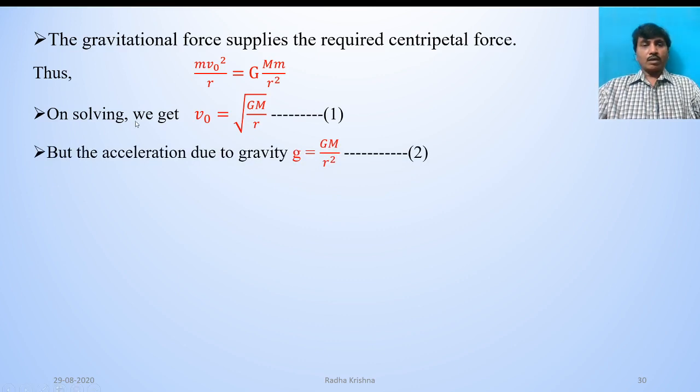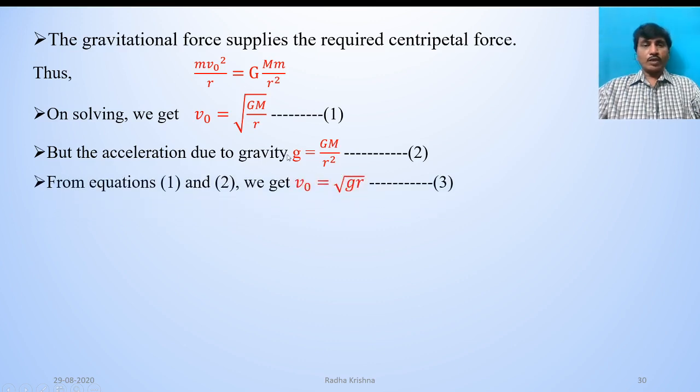But the acceleration due to gravity g in terms of capital M and capital G is given by small g is equal to GM by r square. That is equation 2. From equations 1 and 2, we get v0 is equal to square root of gr.